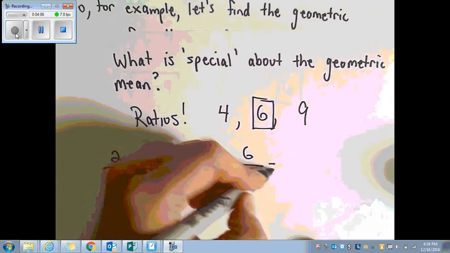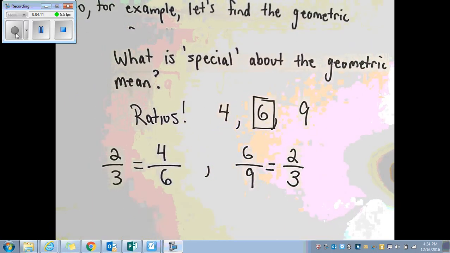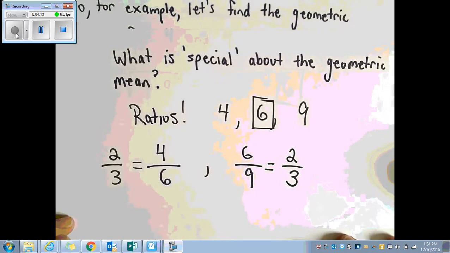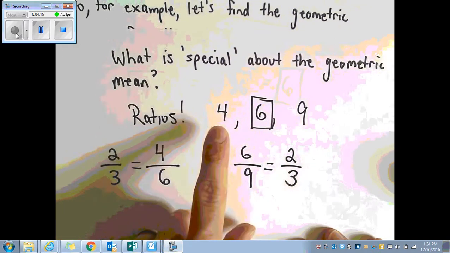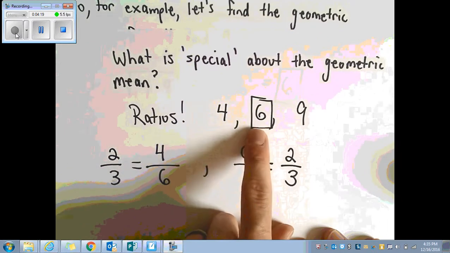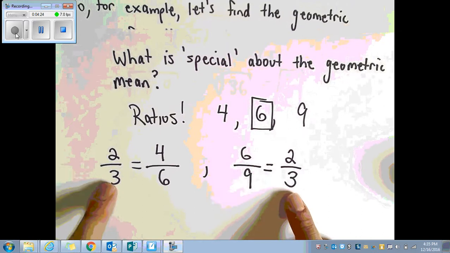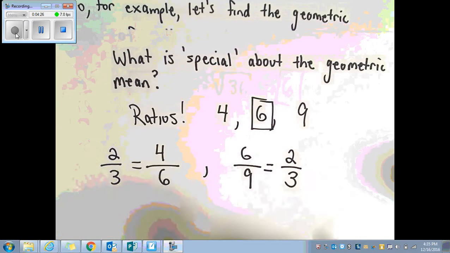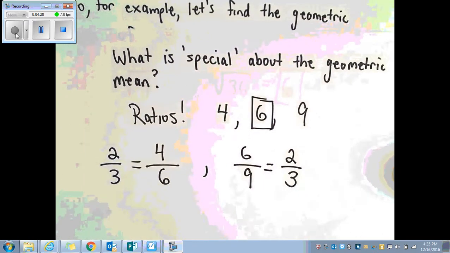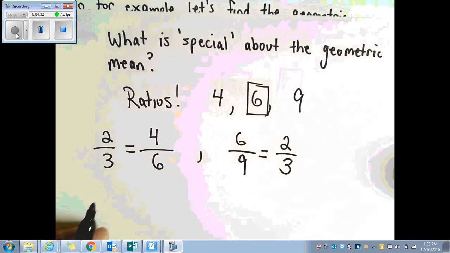Hey, 6 over 9 also reduces to 2/3. So this is what's special about the geometric mean. If you take the ratio of the small number to the geometric mean, and then the ratio of the geometric mean to the larger number, those fractions are going to be the same. So that's how you can think about the geometric mean. Somehow it's giving equal ratios of those two values.